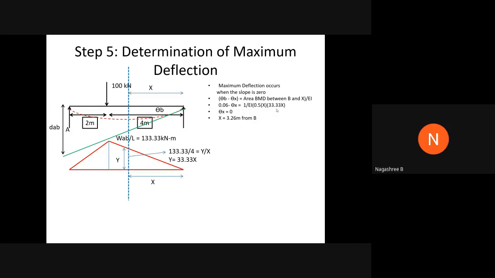So here we have determined the value of X. The next thing is to determine the maximum deflection using the value of X, that is 3.26 meters.